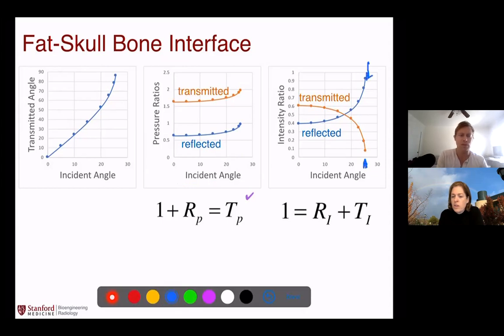And then our equation is that as the reflected intensity goes much higher, the transmitted is going to be 1 minus the reflected. So the transmitted now is going to come way down here at that angle. And so that equation holds as well.